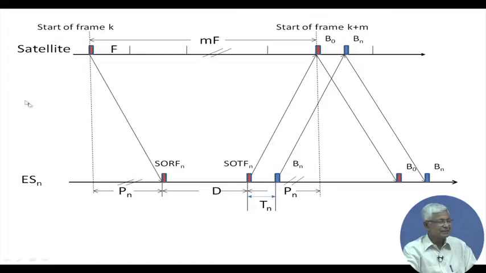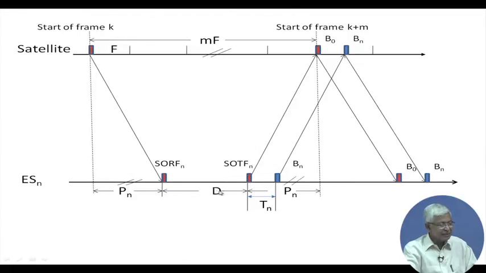At the satellite it is presented the same way: the reference burst is shown in color here, F, and is repeating, B0 is here, Bn is here, and let us say station n receives the reference burst, which is called start of reference frame. So, he receives the burst and he transmits at this position with respect to the start of transmit frame. Now, this is imaginary, he does not know.